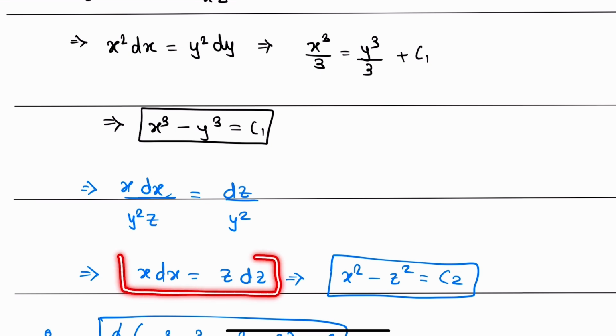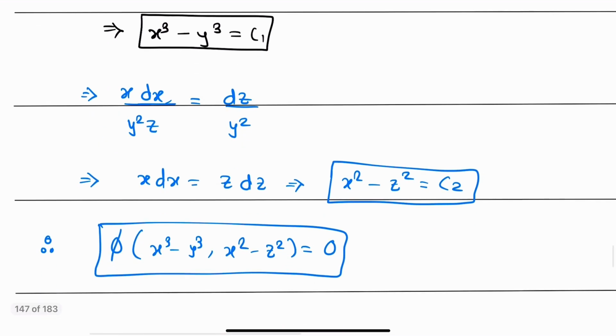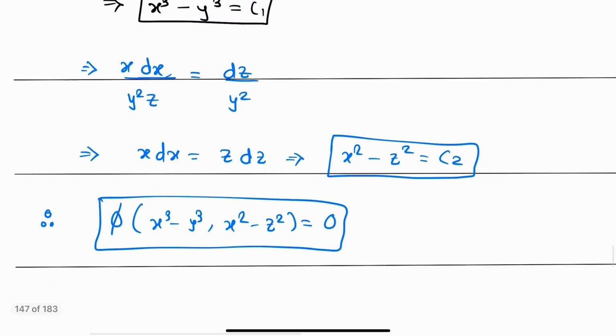Again, if we integrate on both sides, we'll get x²/2 equals z²/2 plus some c2 dash. And once we multiply by 2, the constant 2c2 dash can be written as c2. Not a big change, just a constant.